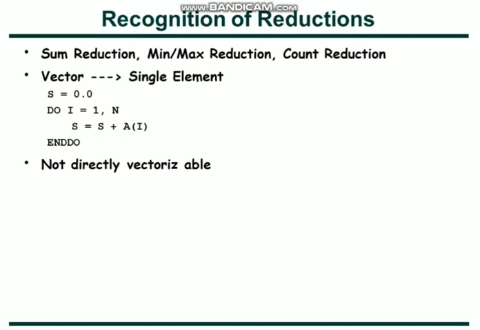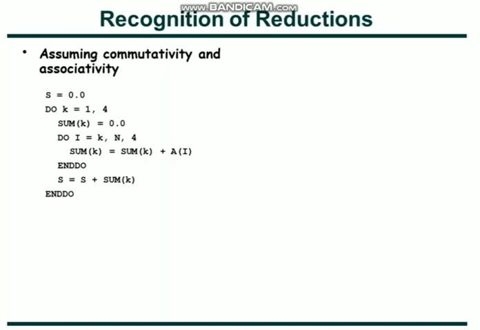So here we would try to apply some method to vectorize it. If we assume that this summation is commutative and associative, then the previous program can be converted into this program, where the variable s is again defined as 0.0.